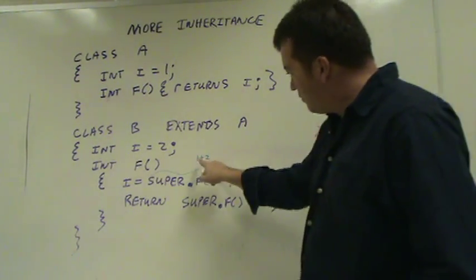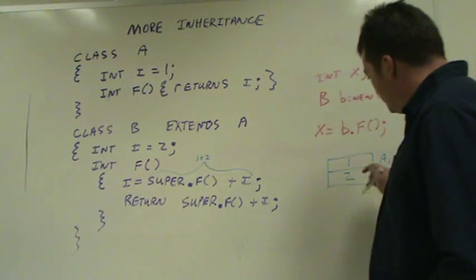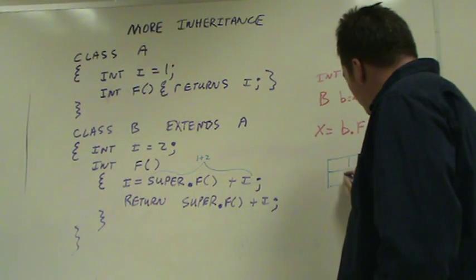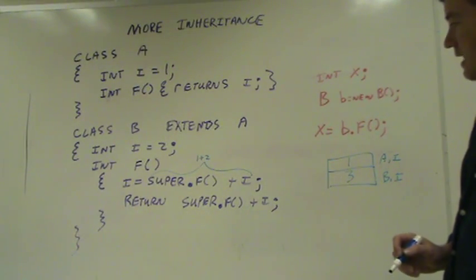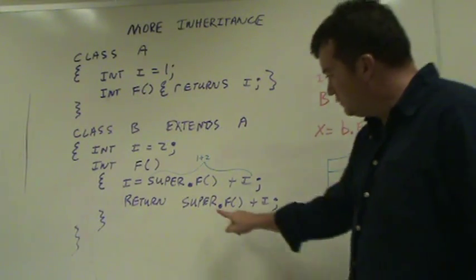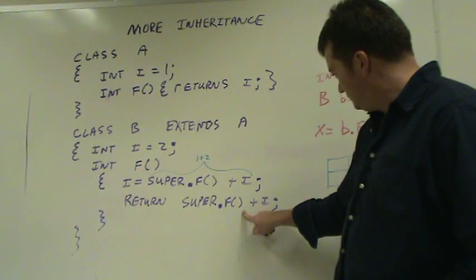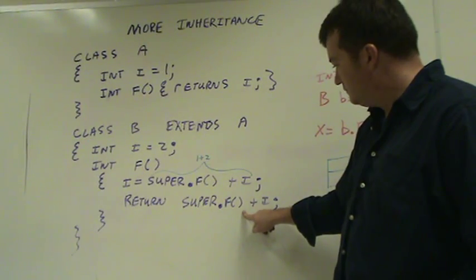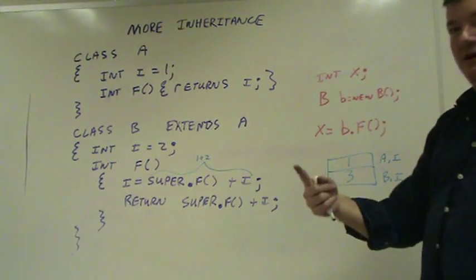So this result of 3 will get written to this I. So this becomes 3. And now we return super F. Can we just write return I, and that would be the same answer? Well, if we just said return I, a 3 would come back, right?